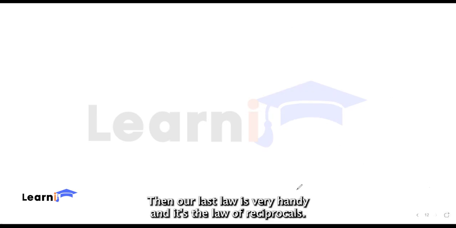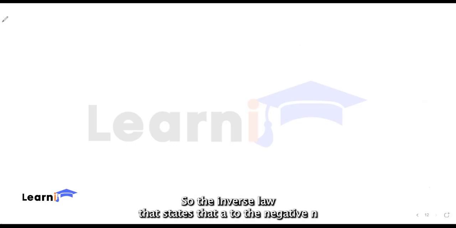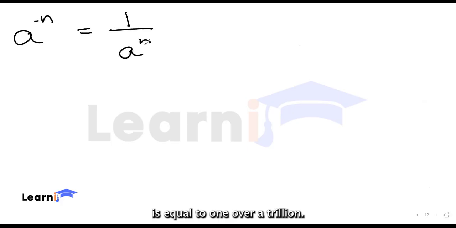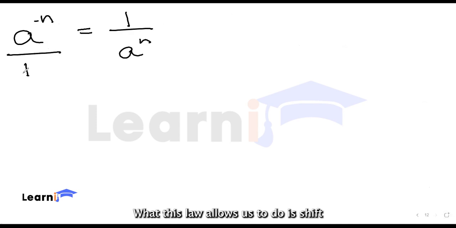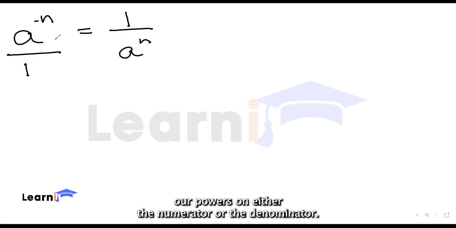Then our last law is very handy, and it's the law of reciprocals, or the inverse law, that states that a to the negative n is equal to 1 over a to the n. Remember, this can also be represented as a fraction. What this law allows us to do is shift or transpose our powers on either the numerator or the denominator.